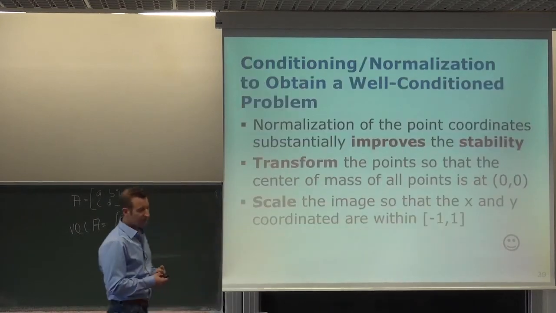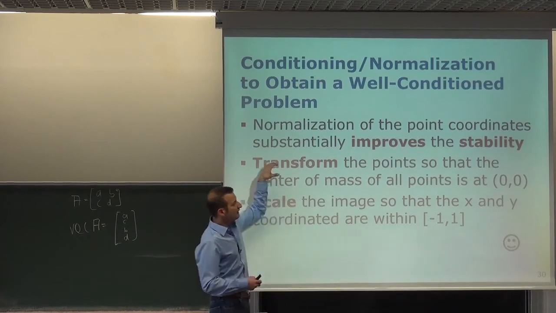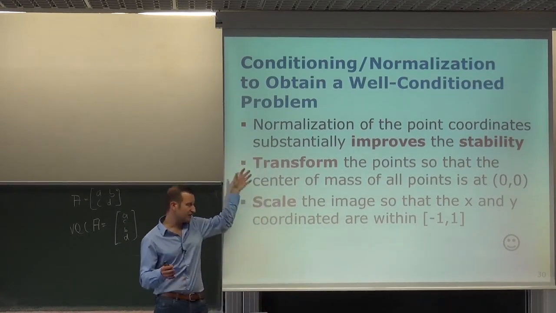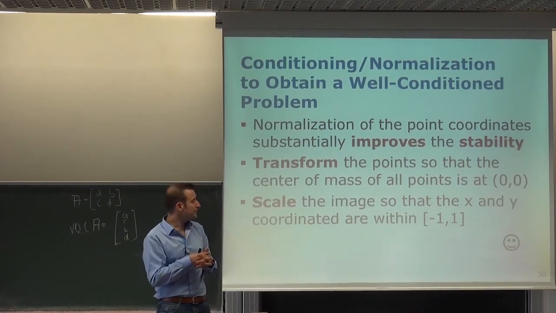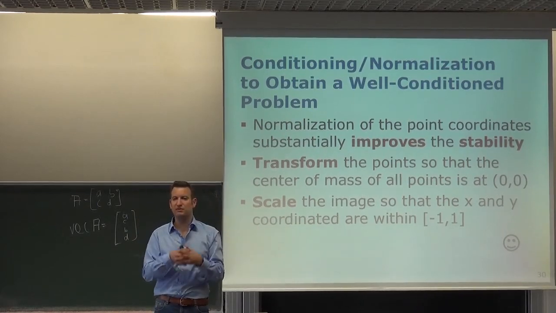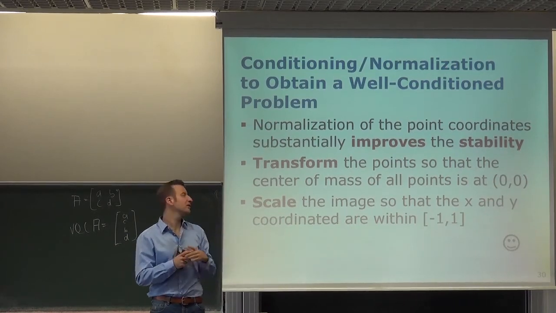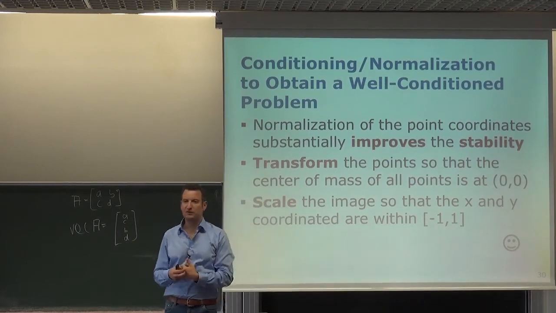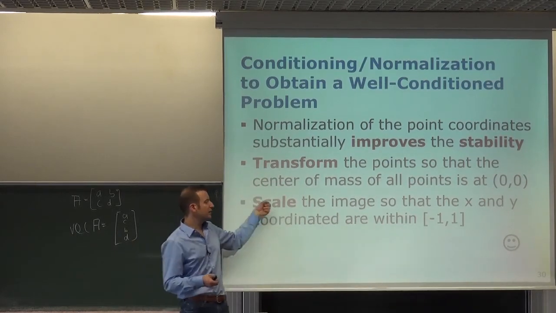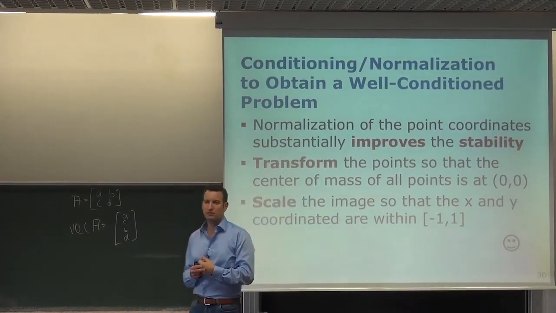It's called a normalization of the point coordinates. It's a transform so that either the center of the image or the center of mass of all the corresponding points, because I'm not really interested in the image but in the coordinates of the corresponding points, is at 0, 0, and the individual coordinates lie between -1 and 1.